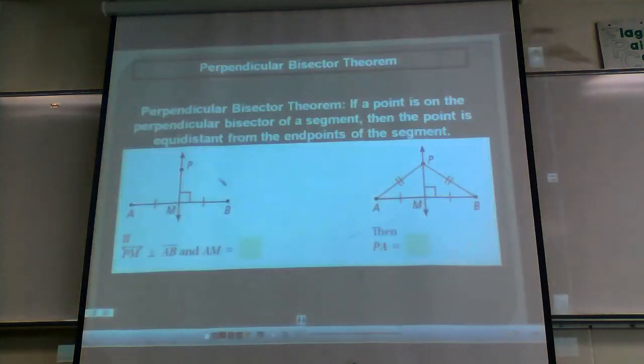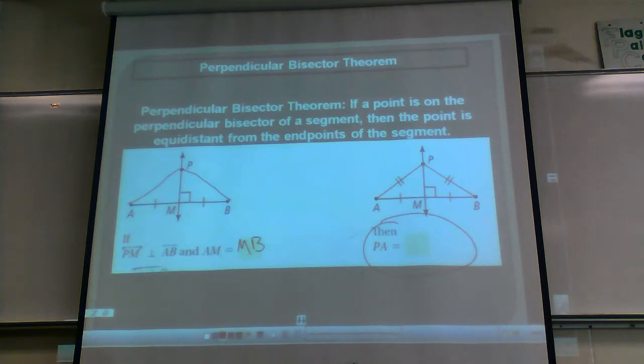But the whole essence is saying, if that's a perpendicular bisector, the distance from P to A is the same as it is from P to B. If I were to fill in the blanks for the things I have there, like AM and MB, obviously they would be the same because that's the bisecting part. But the actual theorem deals with this part.